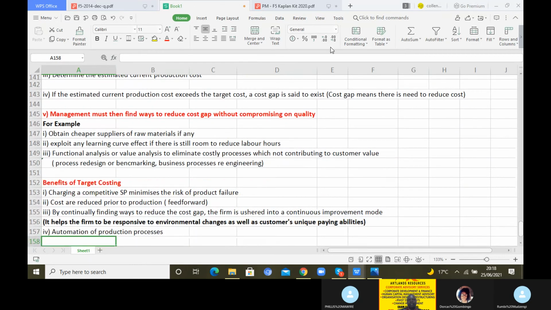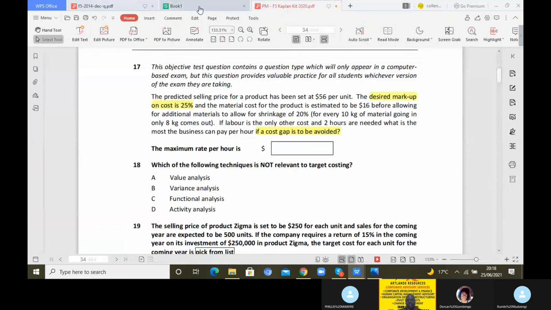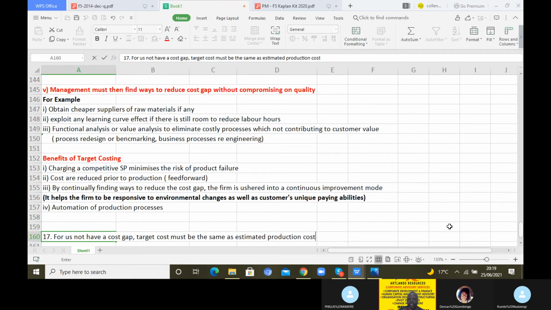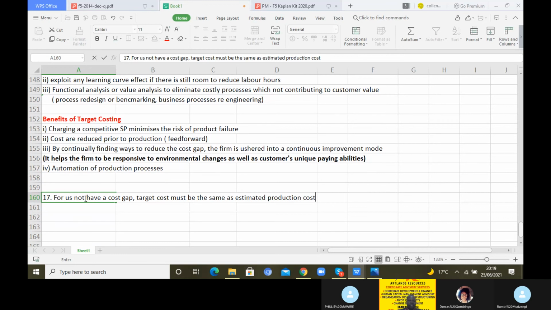So when you're answering this particular question, you simply say, for us not to have a cost gap, target cost must be the same as the estimated production cost.